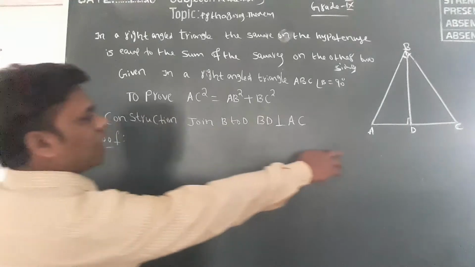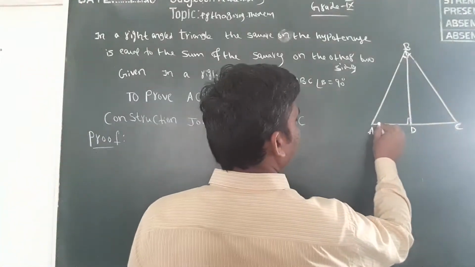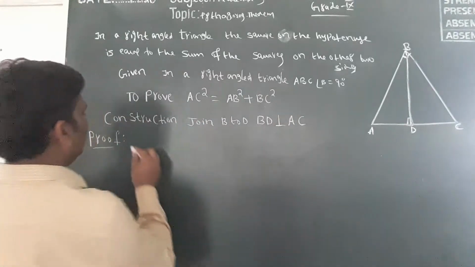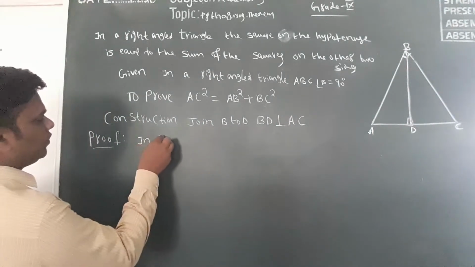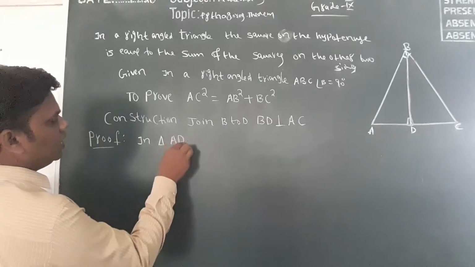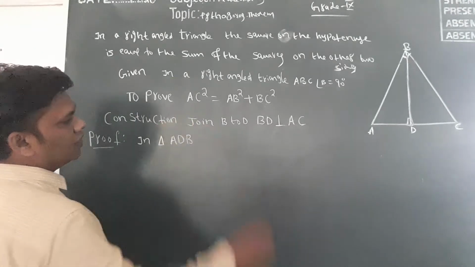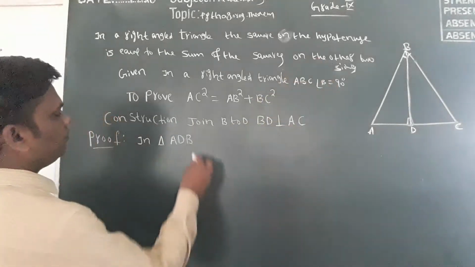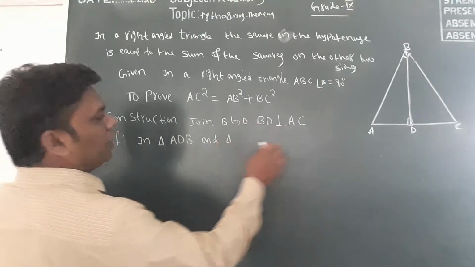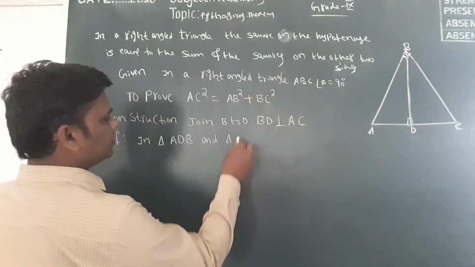See now, in triangle ADB, this triangle I am taking, and the big triangle ABC.